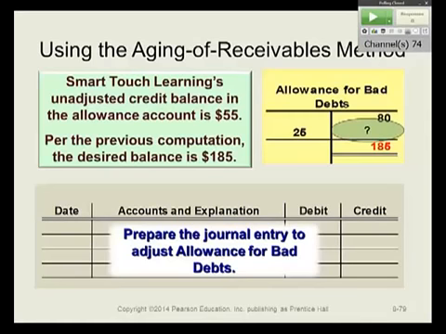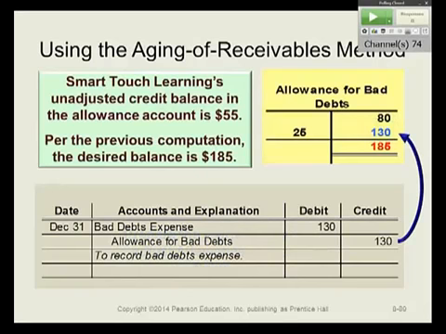So the bad debt expense now is going to be 130. And that's the logic that we're going to use. Now, remember, the expense is forced. The expense is a byproduct of that adjustment because your concern is the balance sheet or the allowance for bad debts.